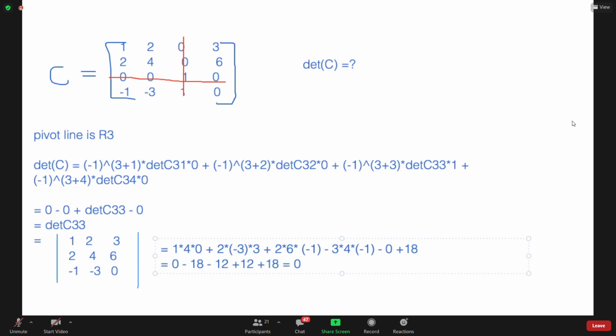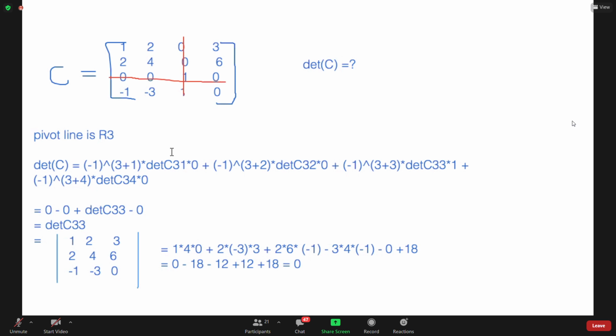How did you go from determinant C33 to the determinant of C? So determinant of C33 is the determinant of the position C33. The position C33 is exactly here where my lines intersect. And it means in order to be calculated, I have to cut away the line and the column corresponding to that position. Because the position is 3, I have to cut the third row and third column, like we see here in red.